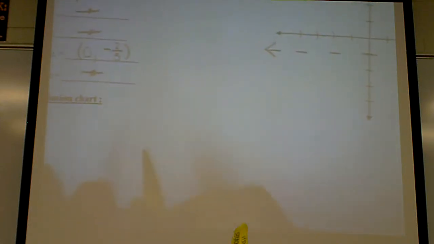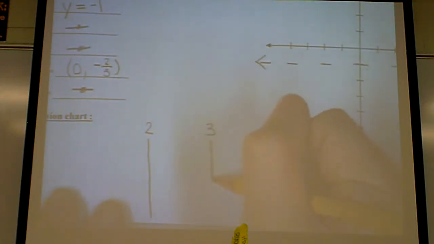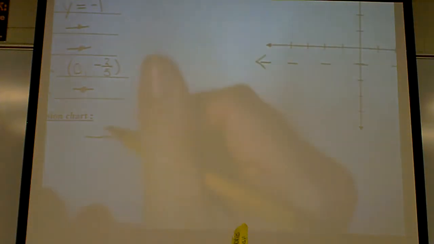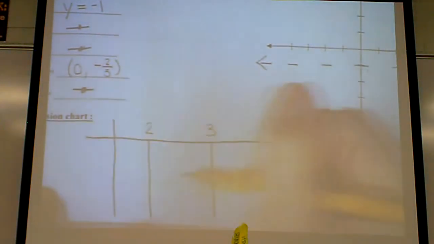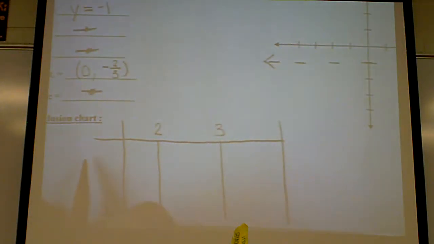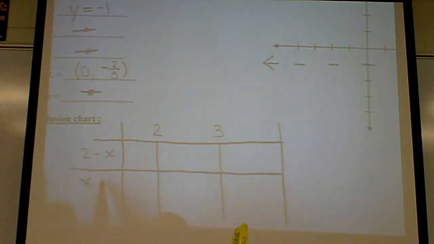And make our exclusion chart. So our critical values were at 2 and 3. And my factors were 2 minus x, x minus 3, and then we write f of x at the bottom.